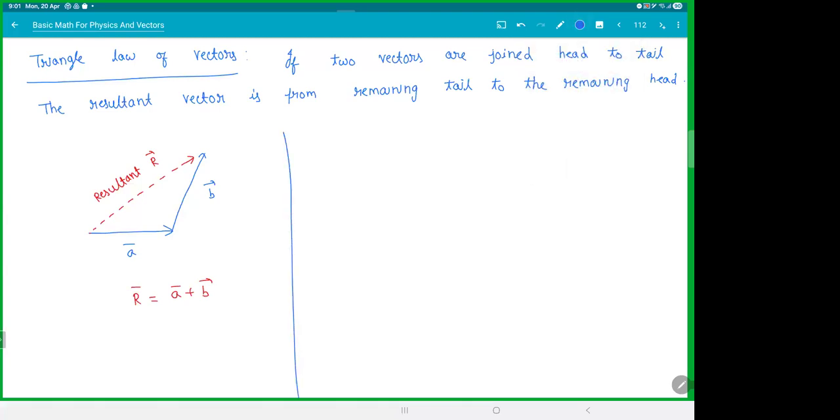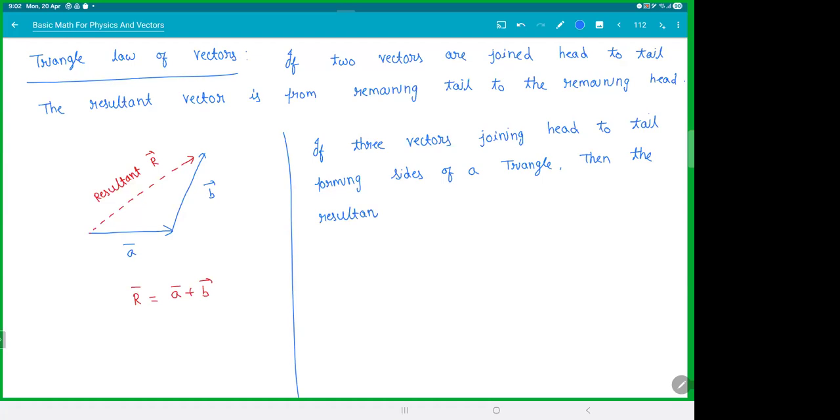Now, the extension of this: suppose you have three vectors joined head to tail, forming the sides of a triangle. Then the resultant vector is a zero vector. Again, if you think in terms of displacement, it makes sense.